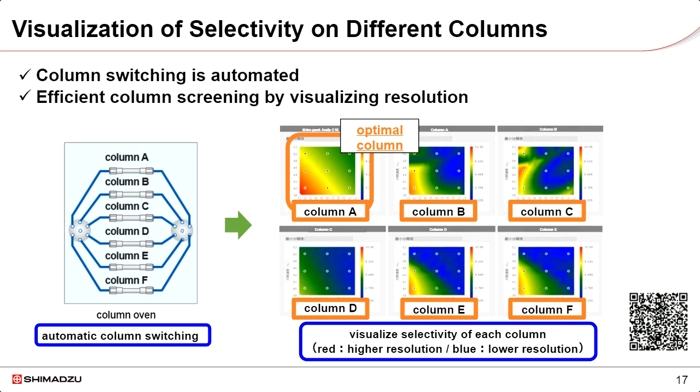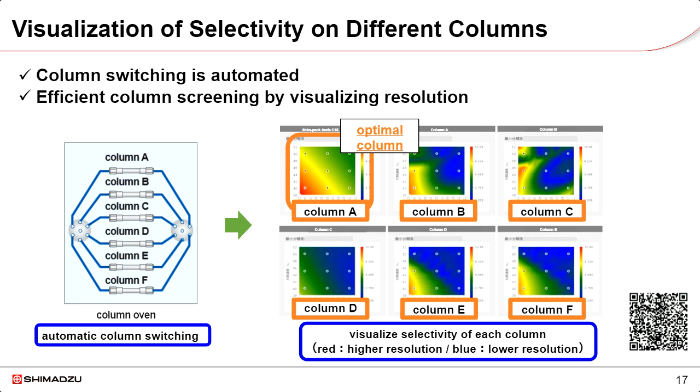In addition to things like the evaluation value metrics, the ability to visualize the results that are obtained from the analysis schedule are key to the functionality of LabSolutions MD. If we're comparing, say, the results between 6 different columns that we've screened, we can, at a glance, see that column A in this instance produces the largest area of red within the investigated conditions and the predicted conditions.